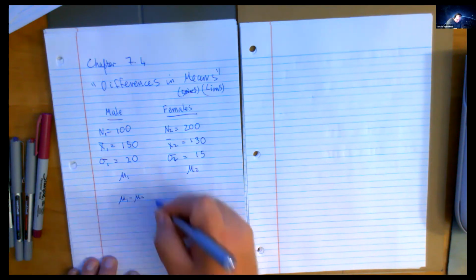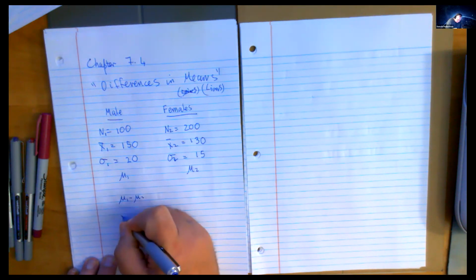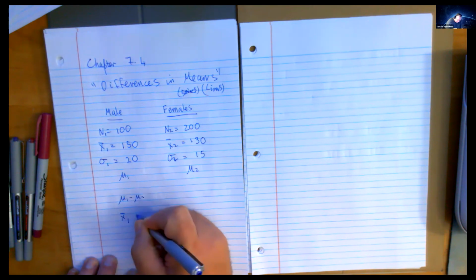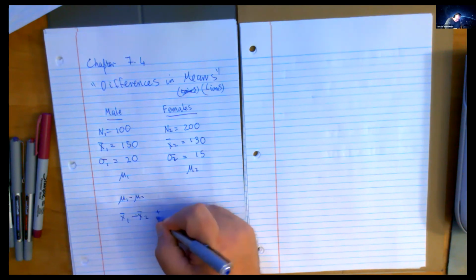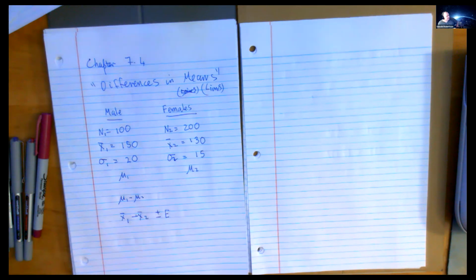So how do we come up with an estimate for this? Would it seem reasonable that you would have that, and then wouldn't you have plus or minus your margin of error? Agreed?